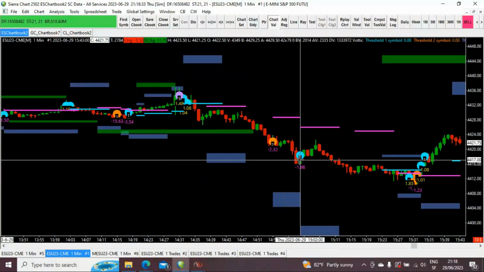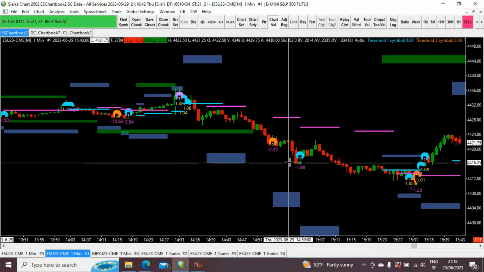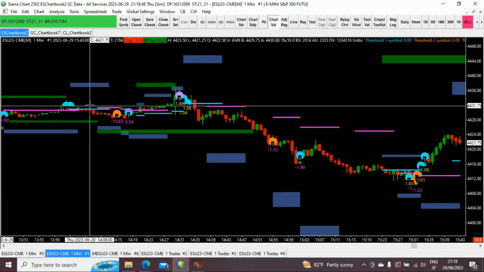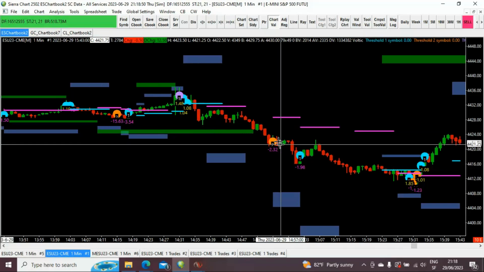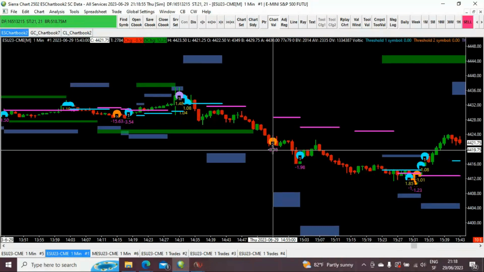But that indicates that trading activity at that price was at least double the average. The orange circle, you see one here and one earlier on, means that trading activity there was at least 3 times the average. So a significant amount of trading interest at that particular price.